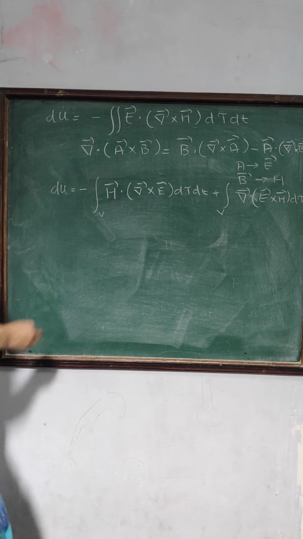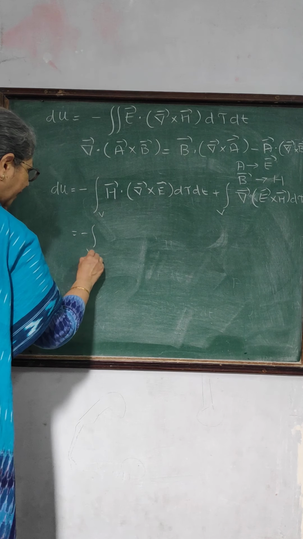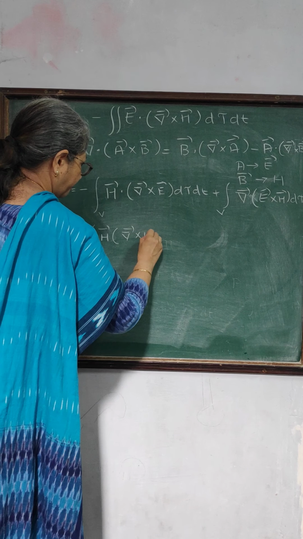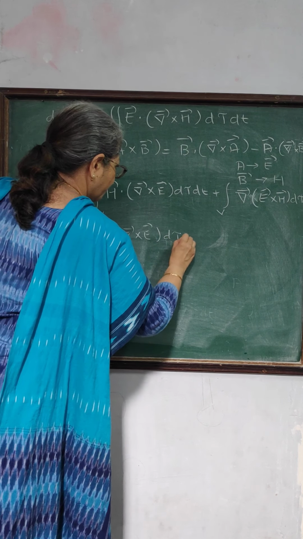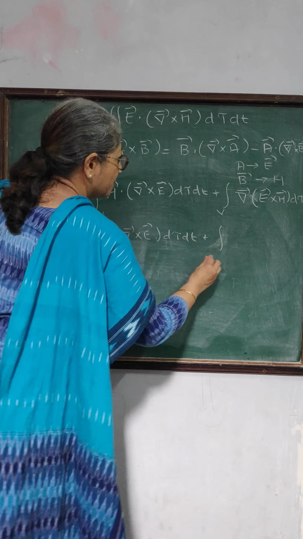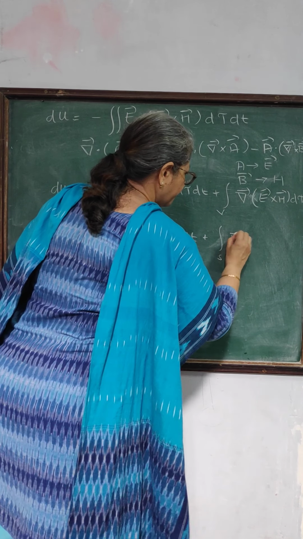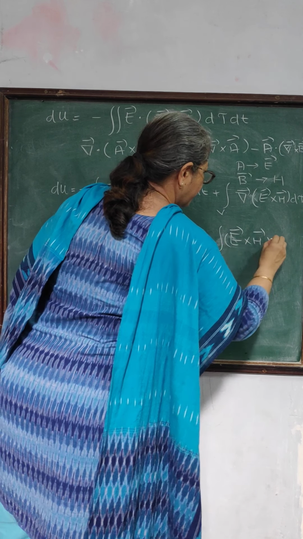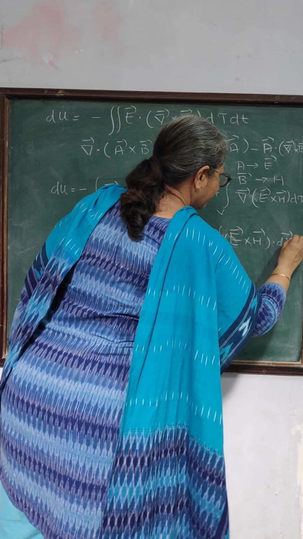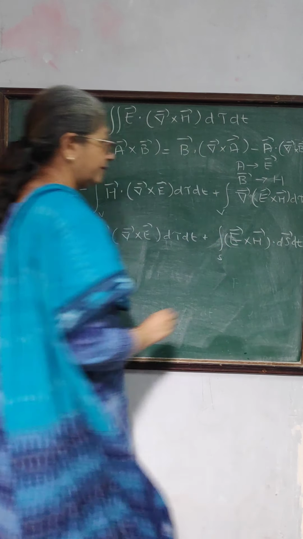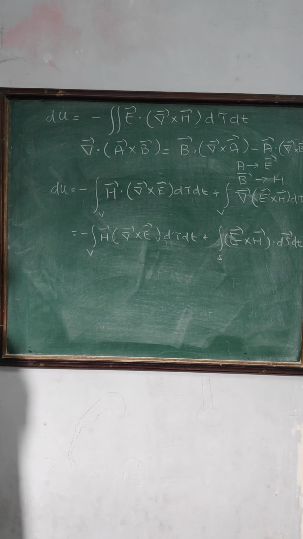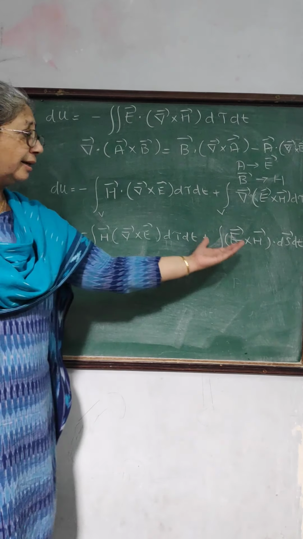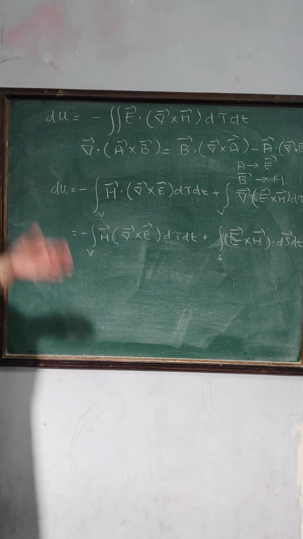This term will remain as it is, a volume integral, and this will now become the surface integral of E cross H dot ds dt. So now we have the addition of two integrals, one a volume integral and the other a surface integral.